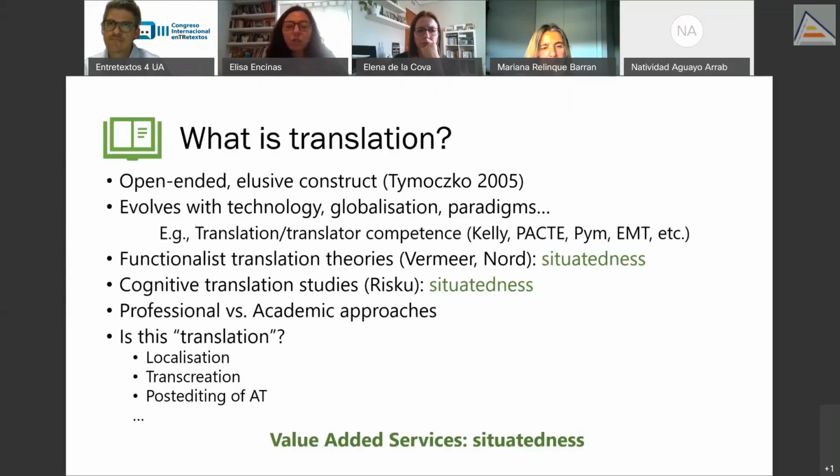Within translation studies, there is a long debate about whether we have to define translation in professional terms or in more academic, descriptive, theoretical terms. And this brings us to more recent debates on whether new concepts such as localization are translation, or different from translation, and how they are different.